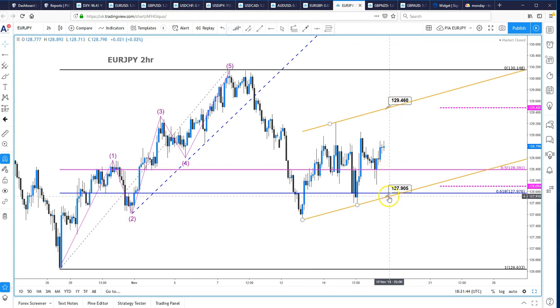The reason I like this really going into next week is that the channel support, which is at 127.90, is close to our bespoke support at 128.10. And more importantly, if this is a correction to the upside, then 129.48 is very close to our channel top, which is at 129.46. And obviously, remember, this is a 2-hour chart.